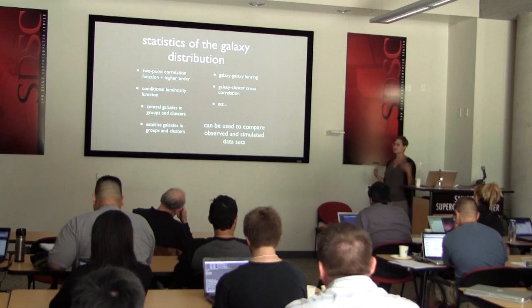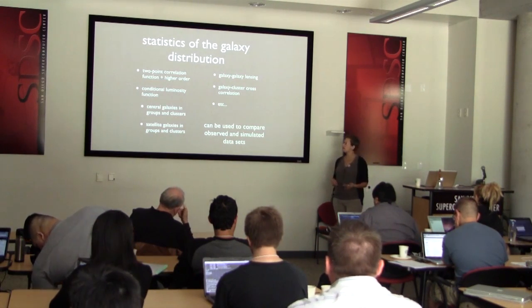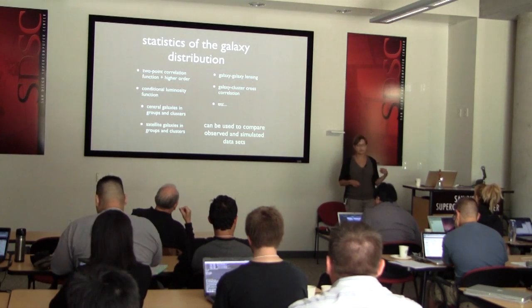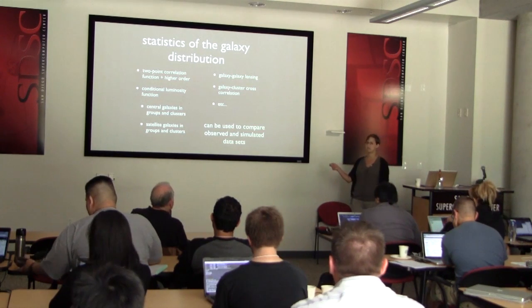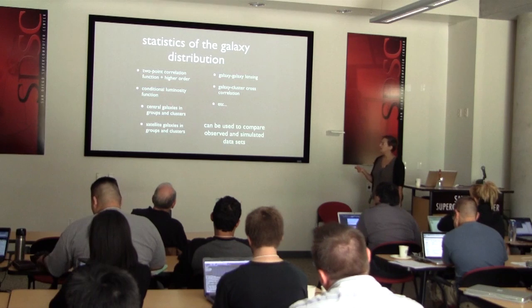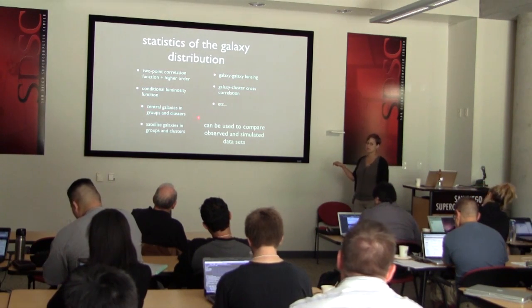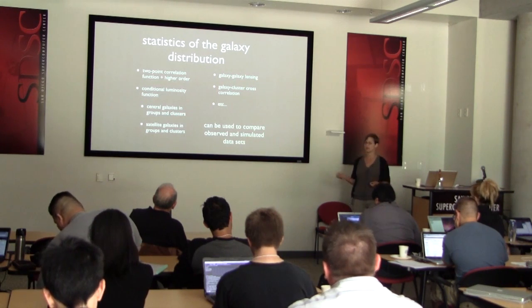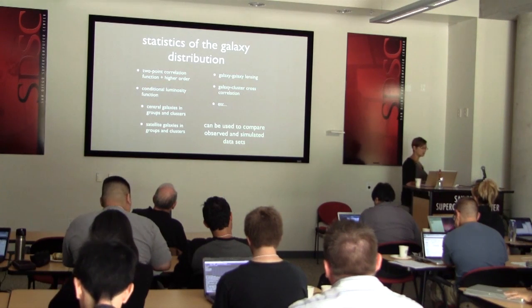Okay, so beyond these basic statistics of luminosity functions and color distributions, you have the two-point correlation functions as a function of all of your galaxy properties. You, of course, have higher order statistics, endpoint statistics. I talked already about this conditional luminosity function, which you can think of more simply as just what are the properties of central galaxies in groups and clusters, and what are the properties of satellite galaxies in groups and clusters.